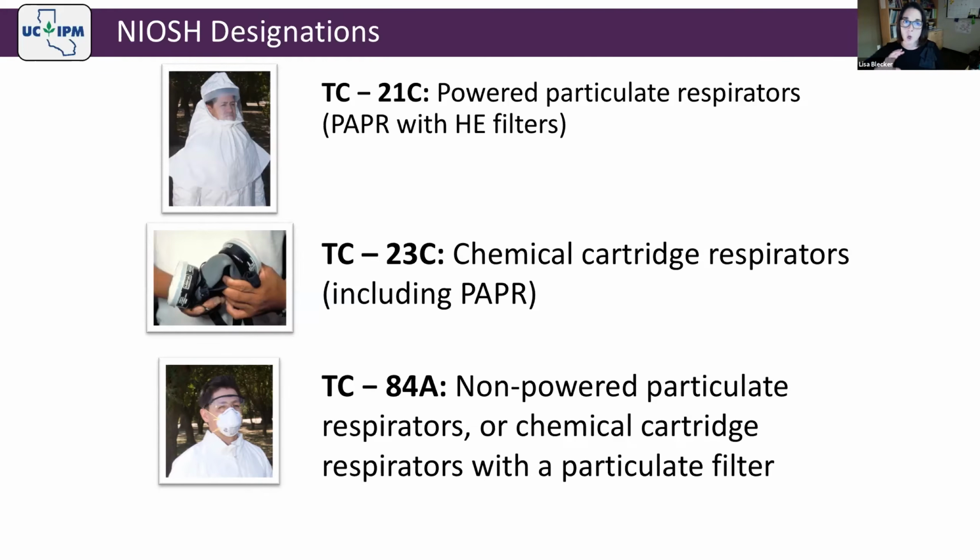So it's the one with a cartridge and not just a particulate filter. So a TC84A are these filtering face pieces. Those are the simplest kind of respirators. But if you had a cartridge respirator that had an N95 pre-filter on it, it could also be considered a TC84A.